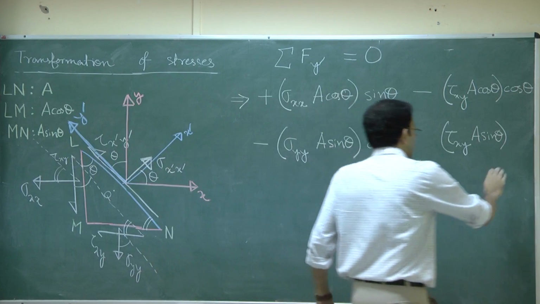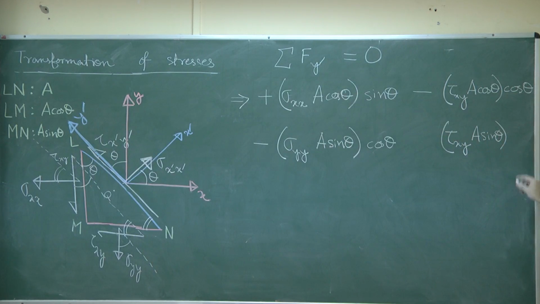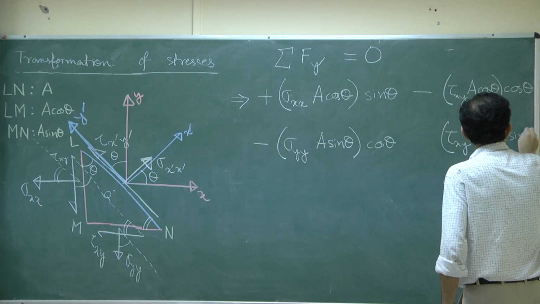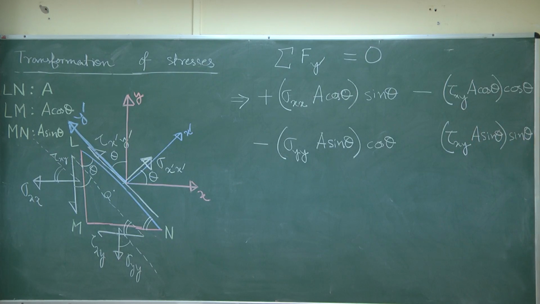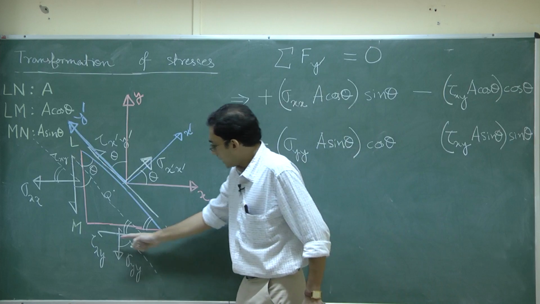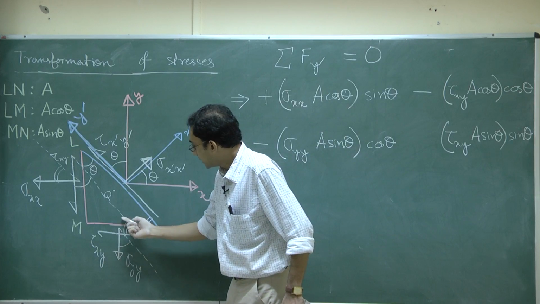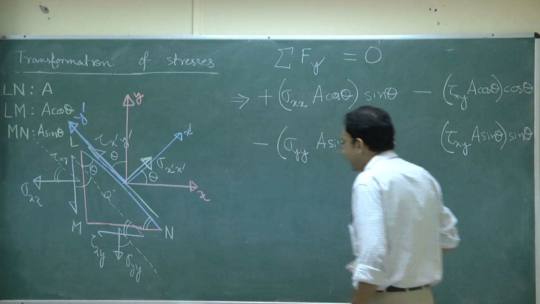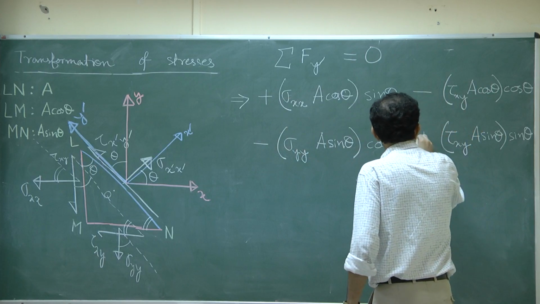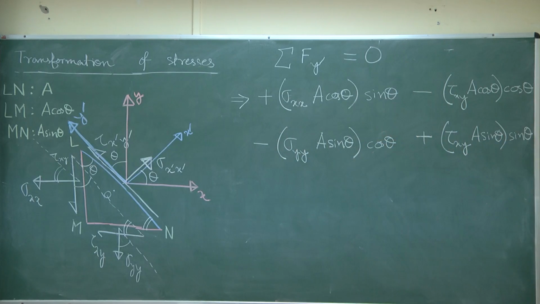So here what I will have to write is cos of 90 degree minus theta, so that is a sin theta. This force component along this will be oriented along the positive y dash direction, so this is coming with a plus sign.